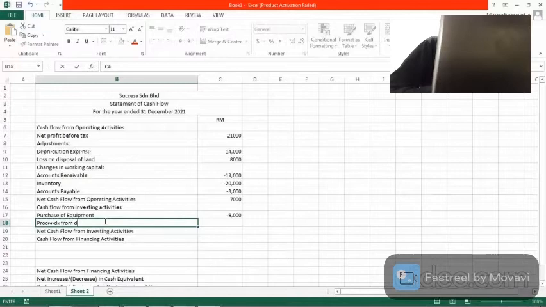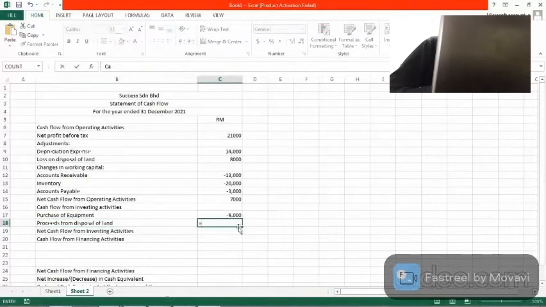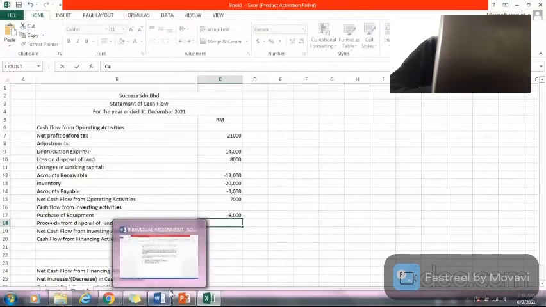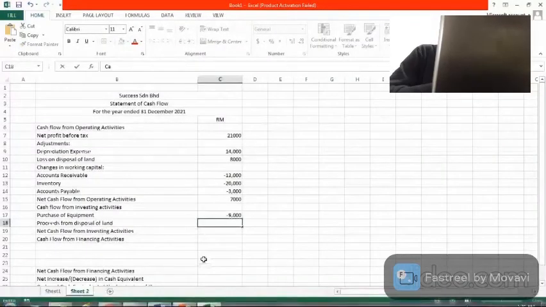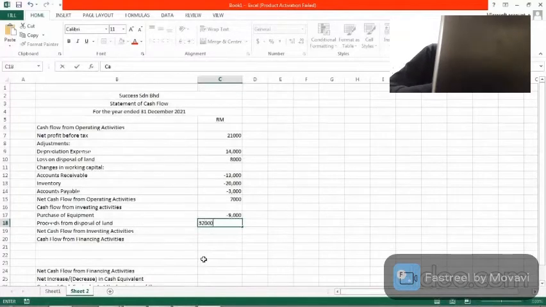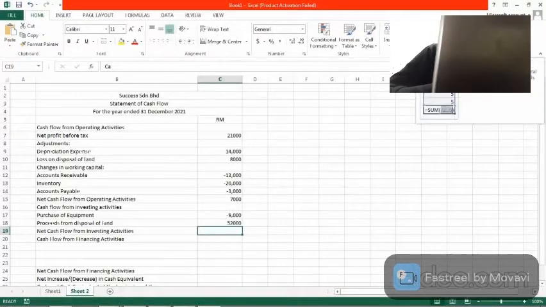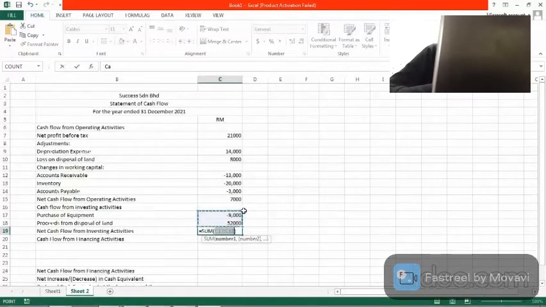Proceeds from disposal of land. Get the amount from additional information, 52,000. And for the net cash flow from investing activities, just use the auto sum formula, enter.